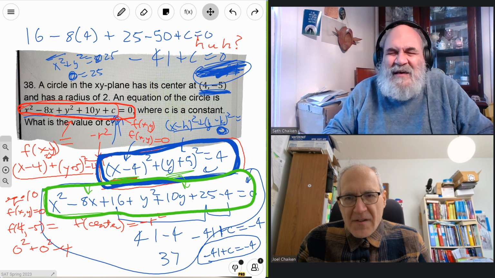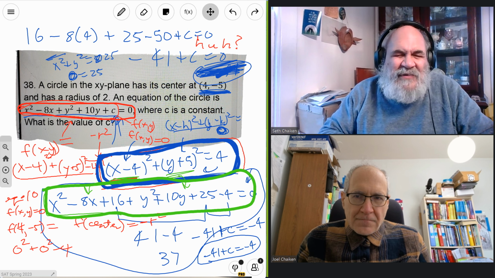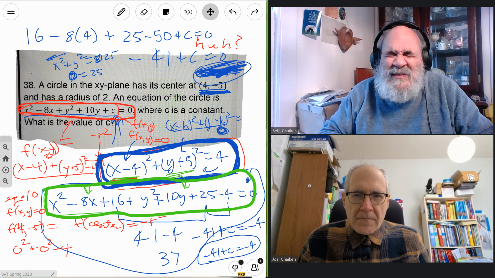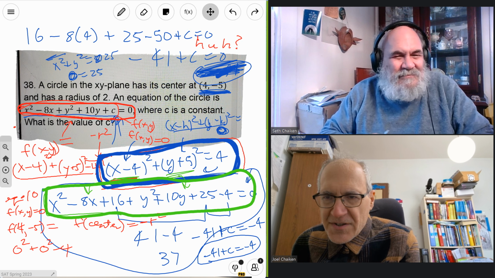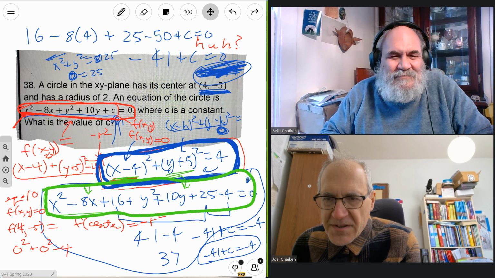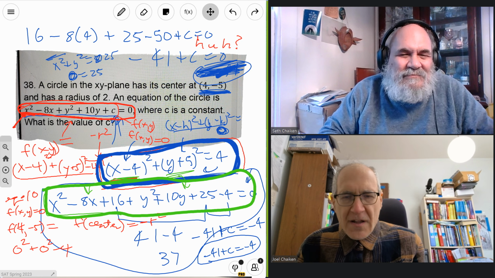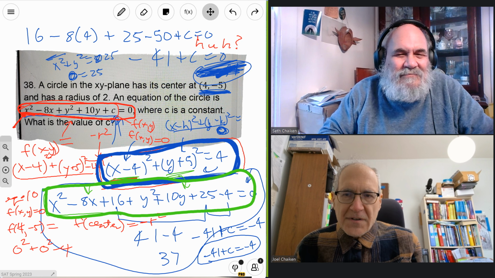Also, they took the risk of giving you an inconsistent question. If they made a mistake in telling you the center, then the question would be inconsistent. Because if you complete the square on the equation they give you, x squared minus 8x plus y squared plus 10y, you would see immediately that the center is at x is 4 and y is -5.